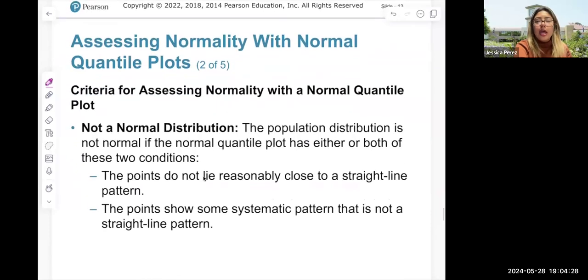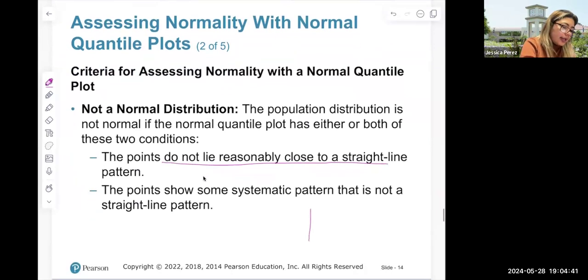What would be a not normal case? Let's say we have a population that is not normal, meaning that they do not have a straight line. For example, if I give you data and my points are all scattered all over the place, it doesn't follow any systematic pattern. It's not reasonably close and it does not have a reasonable pattern.